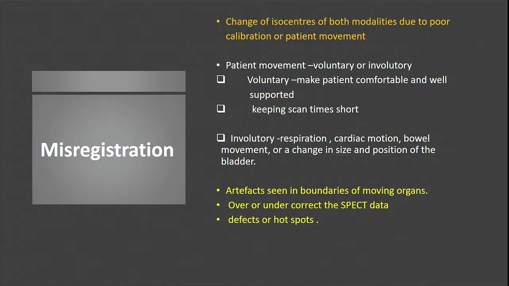Another problem is the misregistration because of the diaphragmatic movement, the air movement, which creates a lot of up and down movement of both the CT and the SPECT images. If you acquire a breath hold CT, then the SPECT acquisition takes about 20 minutes, so you can't keep the breath hold for 20 minutes.